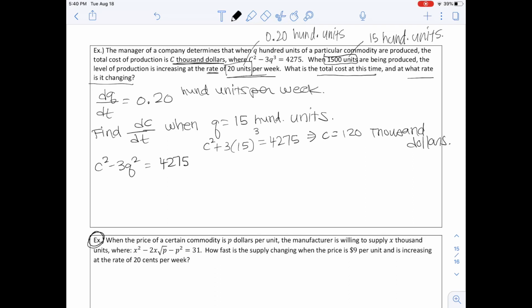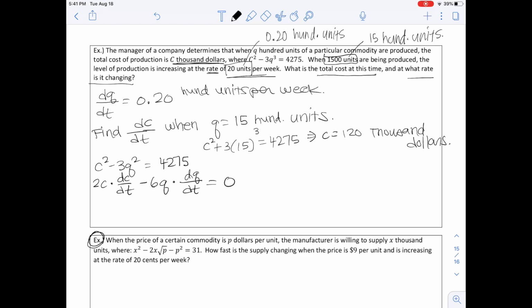And what we do is we're going to take the derivative of our function with respect to time. So we have 2C times dC/dt minus 9Q squared times dQ/dt, and the derivative of a constant is just 0. What do we know? We know that dQ/dt is equal to 0.2.